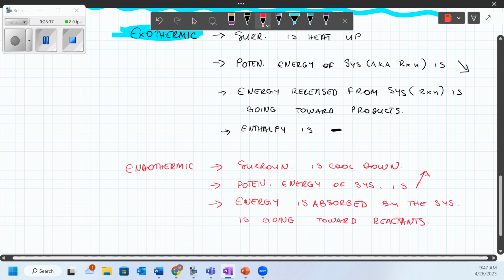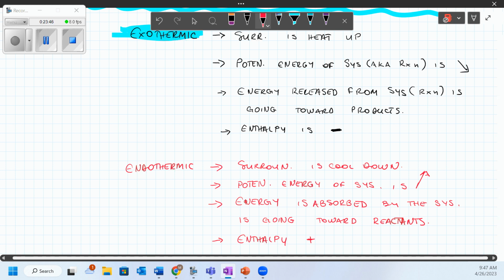Why is it going toward the reaction? Reactants. In order for the reaction to happen, you need more heat. Therefore, the reactant needs more heat to make the product happen, to make the other side of the reaction happening. And the sign that we use for the enthalpy is positive.